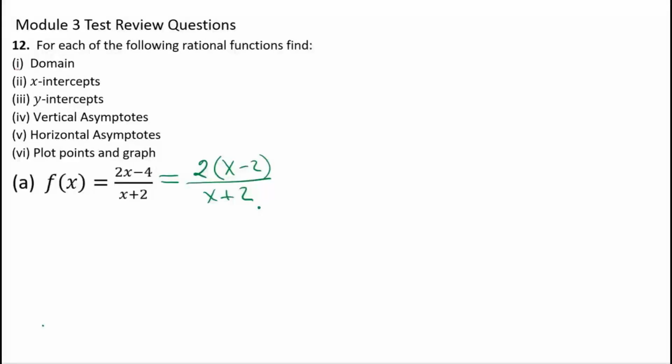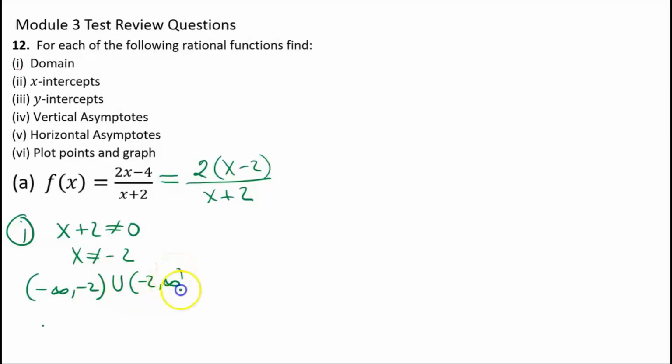Now, to find the domain, you set the denominator equal to 0. Or, better yet, x plus 2 not equal to 0 is what's really happening. Because when you subtract over, you get x cannot be negative 2. So the domain, it can't be negative 2. That means it can be everything else, which is negative infinity to negative 2 with a parenthesis, union negative 2 to infinity.